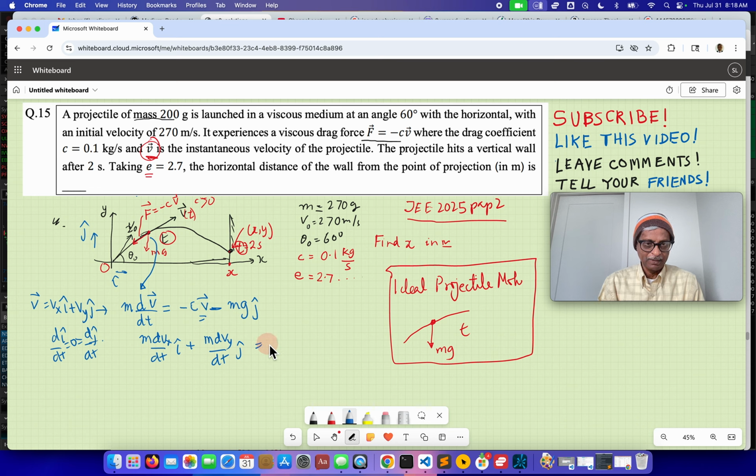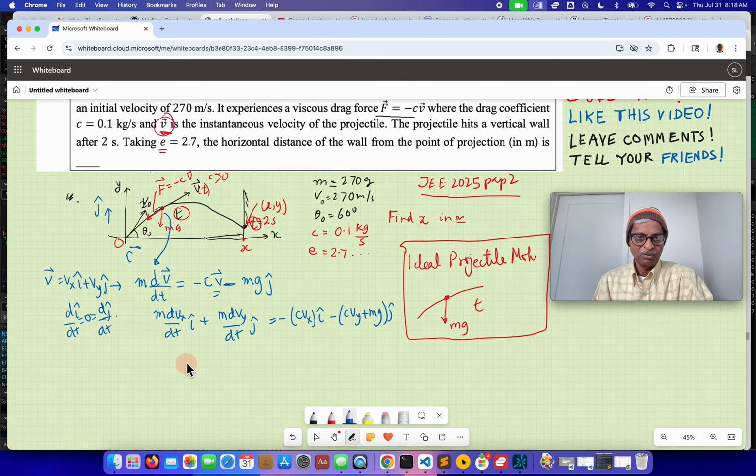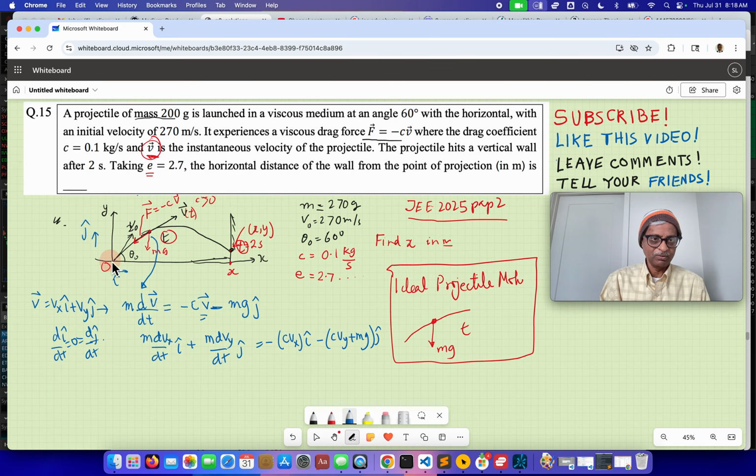So let's write minus c vx i hat minus (c vy plus mg) j hat. So you'll have two different equations, and they don't depend on each other.